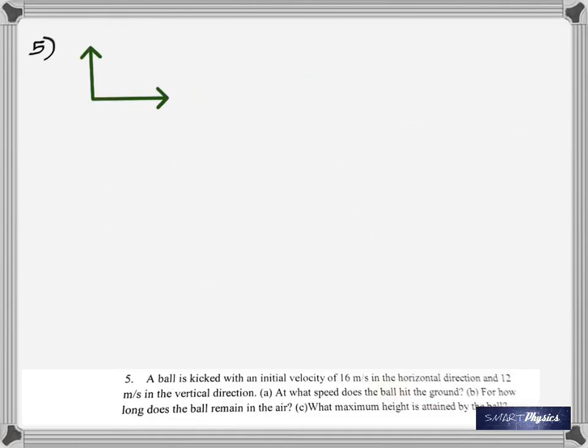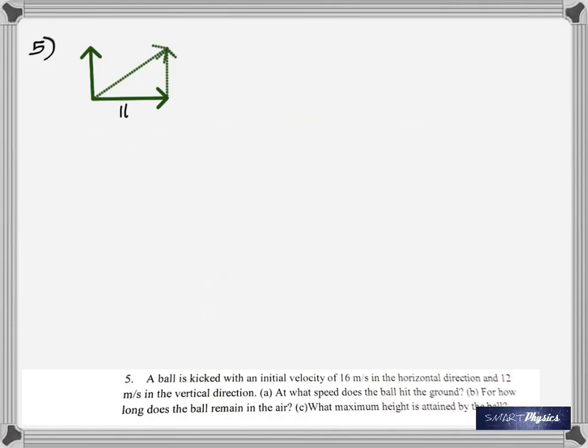The fifth one. A ball is kicked with an initial velocity of 16 meters per second in the horizontal direction and 12 in the vertical. You see, now in this case, both the components are given. And you got to find at what speed does the ball hit the ground. You got to understand that with whatever speed the ball leaves is exactly the speed at which it's going to hit the ground. That means just before it hits the ground.